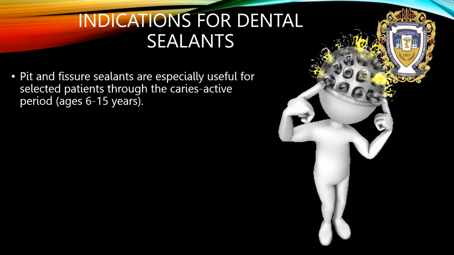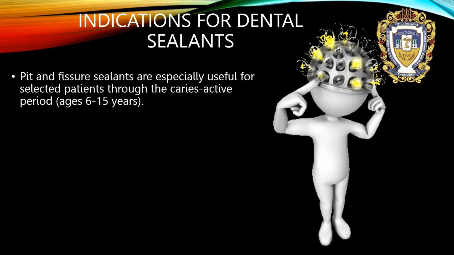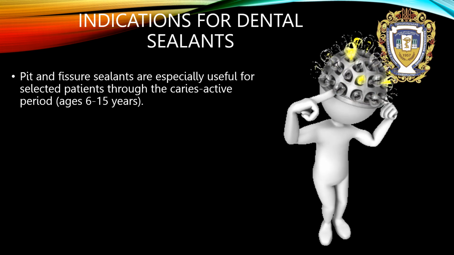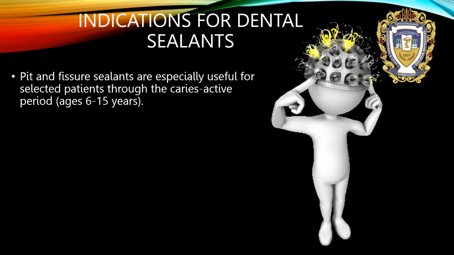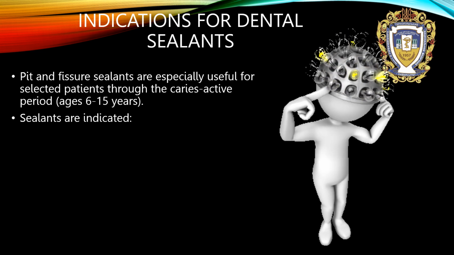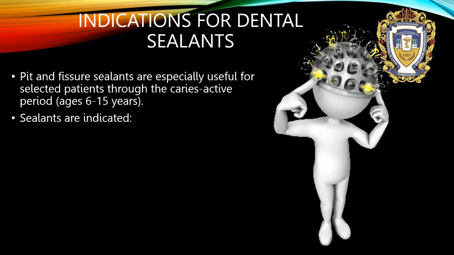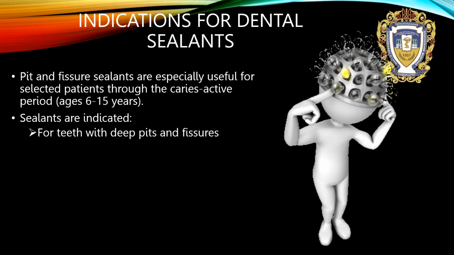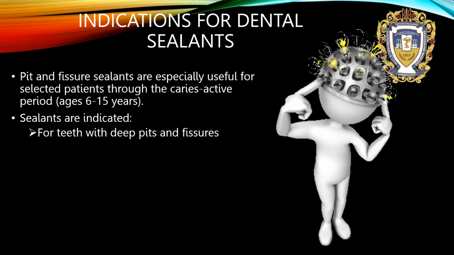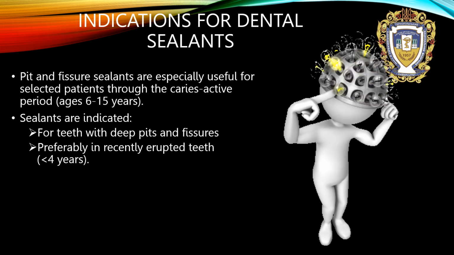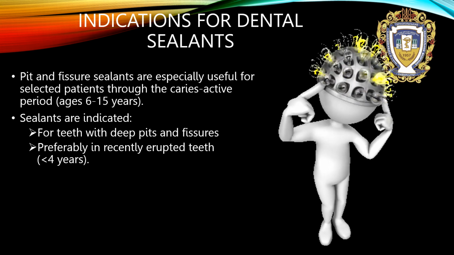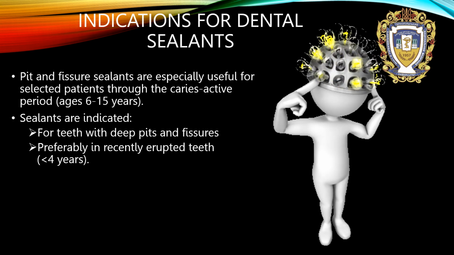First of all, pit and fissure sealants are especially useful for selected patients through the caries active period, at the age from 6 till 15 years old. Sealants are indicated for teeth with deep pits and fissures, preferably in recently erupted teeth, not more than 4 years after eruption.